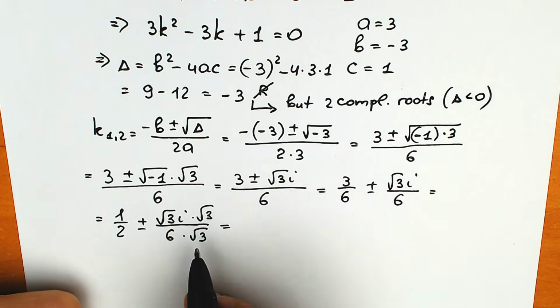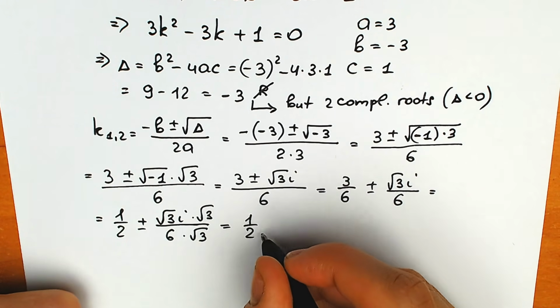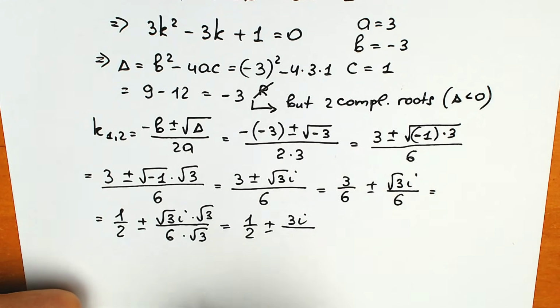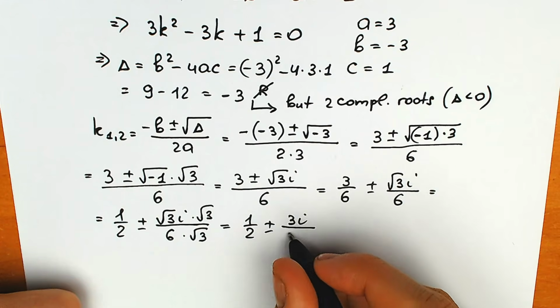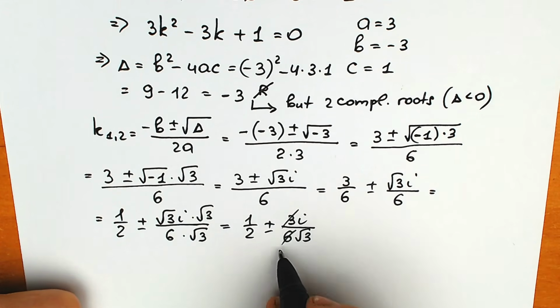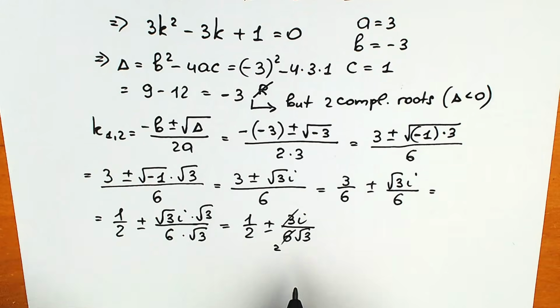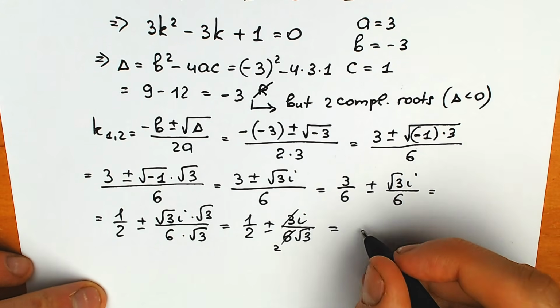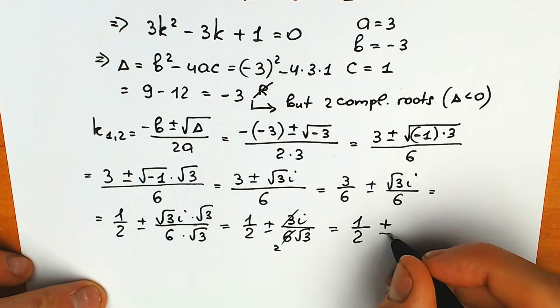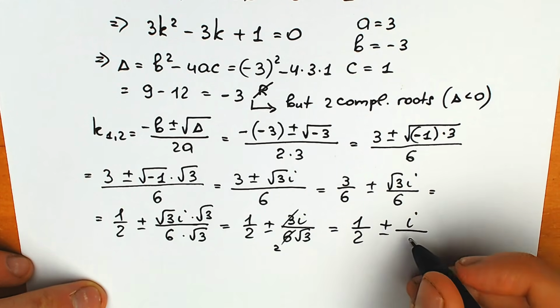So we have 1/2 plus minus 3i in the numerator, and in our denominator we have 6 square root of 3. As a result we can cancel this 3 and this 6, and we have 2 in our denominator. So our final answer: 1/2 plus minus i over 2 square root of 3.